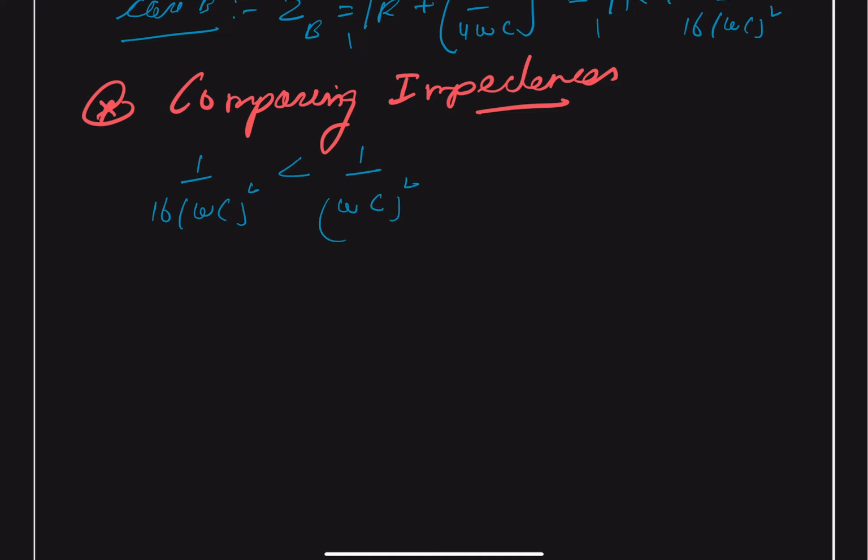So from this we can say that our ZB will be less than our ZA.